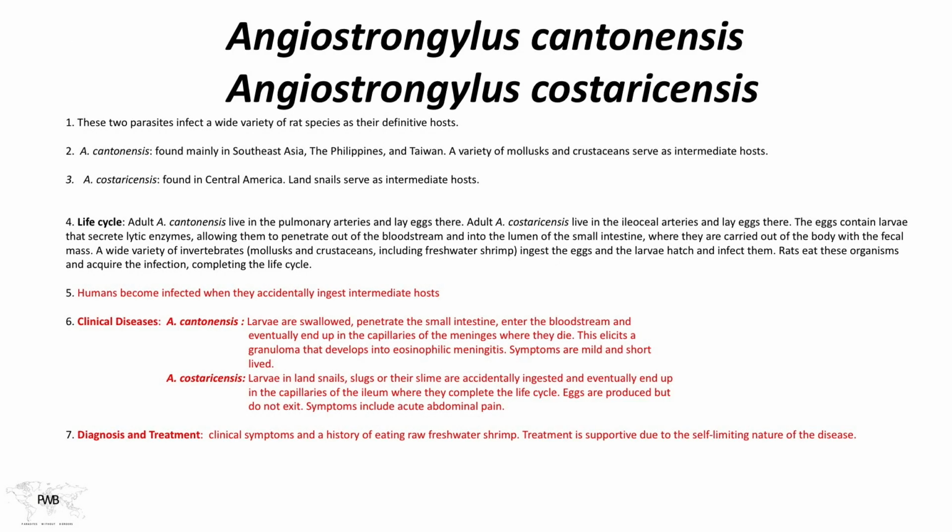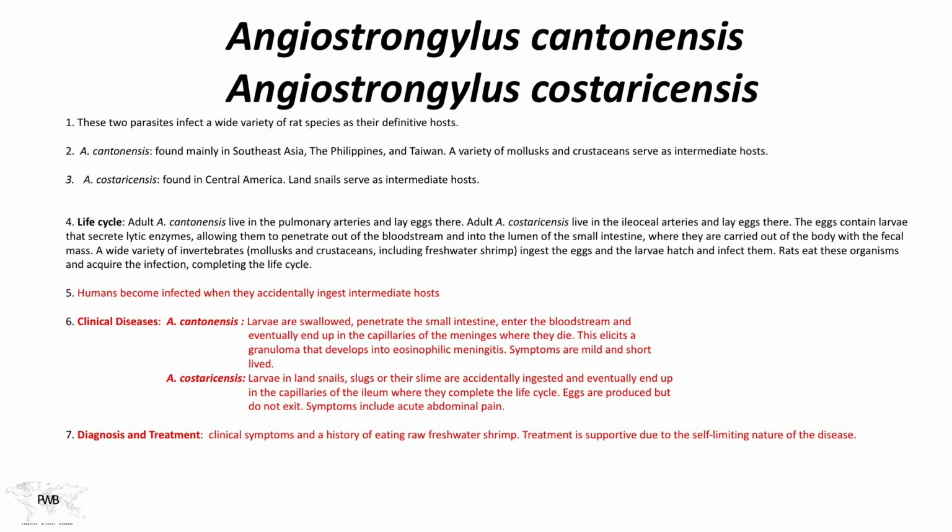Now, there are two other parasites that I'd like to tell you about. They're known as brainworms. Now, these brainworms, Angiostrongylus cantonensis and Angiostrongylus costaricensis, are found in two different places.